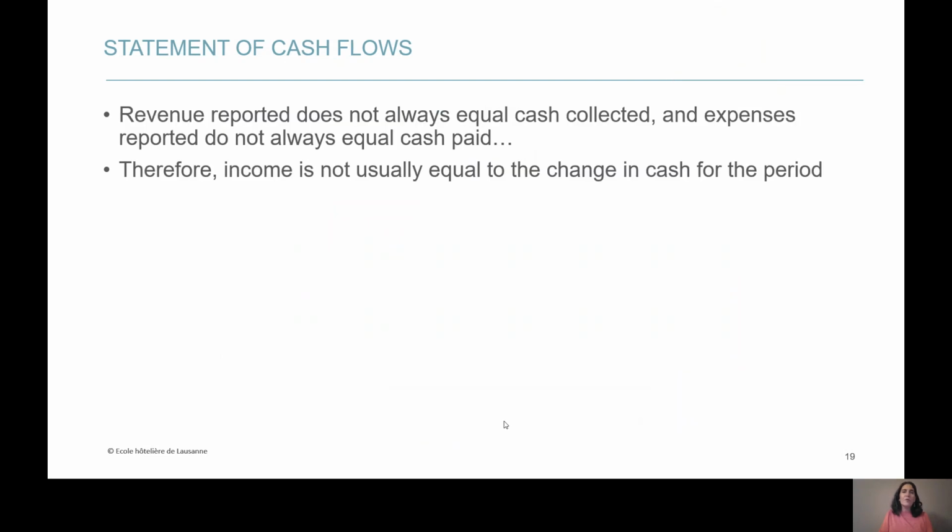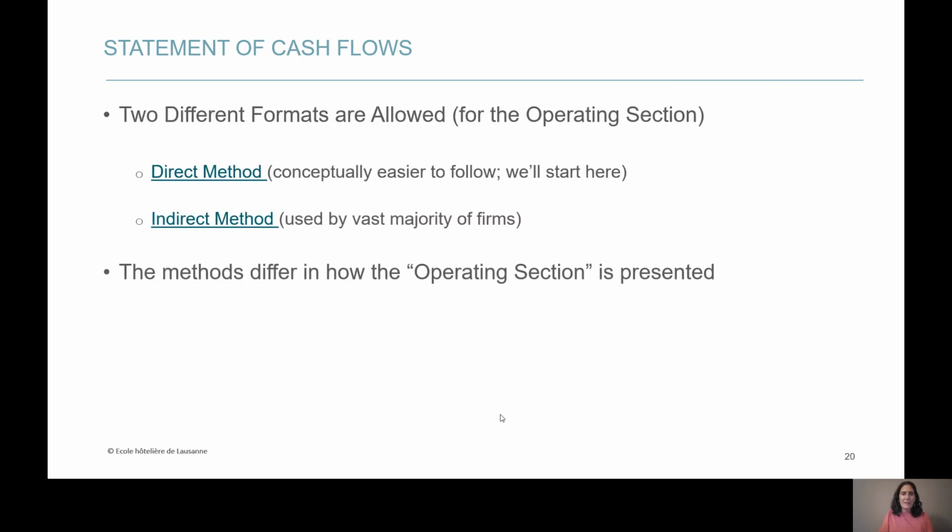Remember that because of the revenue recognition principle, the revenue, the net income, usually is absolutely not the same amount that you find in the cash account. For the operating activities section, for the first section, there are 2 ways to prepare the cash flow statement, the direct method and the indirect method.